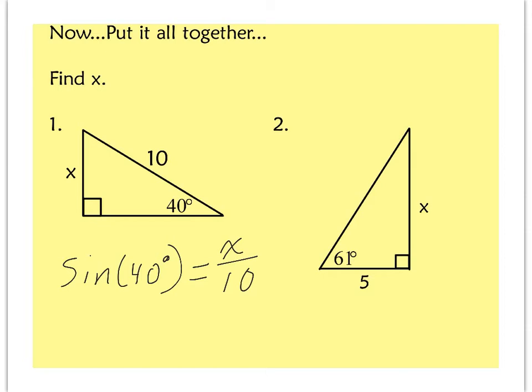Don't ever try to break those up. Never, ever, ever break those up. They're always together. So if I have to move that for some reason because I'm solving an equation, I move the whole thing. Never just one piece. We're going to start with this easy one here, where we don't have to move sine of 40.